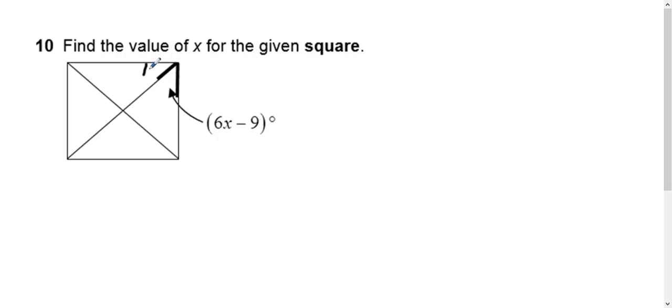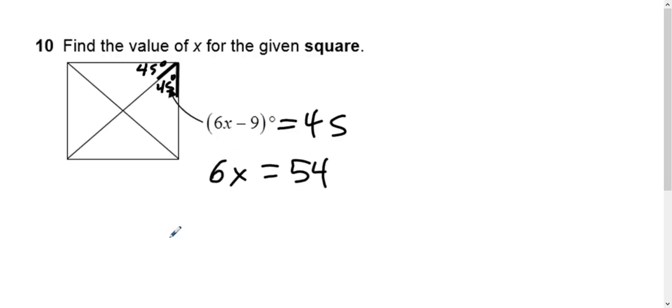So 45 degrees there and 45 degrees there. So we're told this side of it, so you set it equal to 45. Solve it out, add the 9. Divide by 6, you get x equals 9.